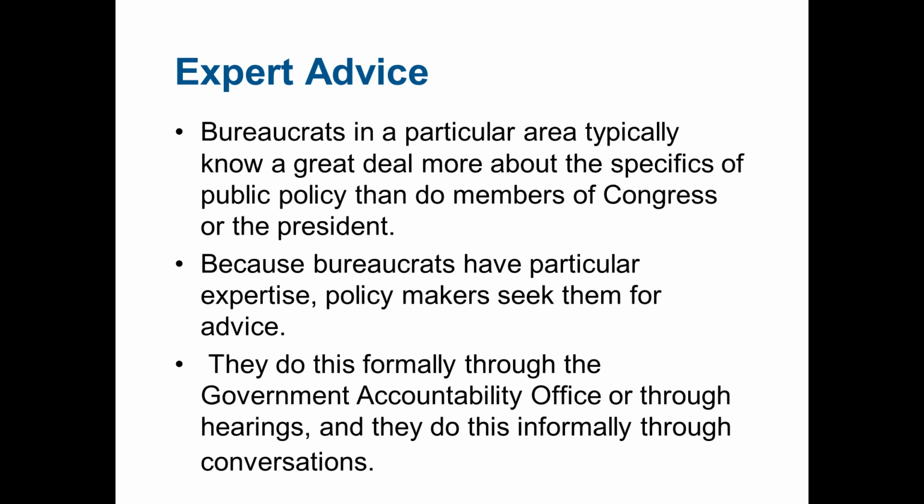Sometimes bureaucrats go and report directly to Congress through hearings, either in subcommittees or full committees, standing committees in Congress. Whenever there's a new piece of legislation being contemplated, the department or agency that's going to be tasked with implementing that law, their take on things is going to be useful in crafting the law to be as effective as possible.